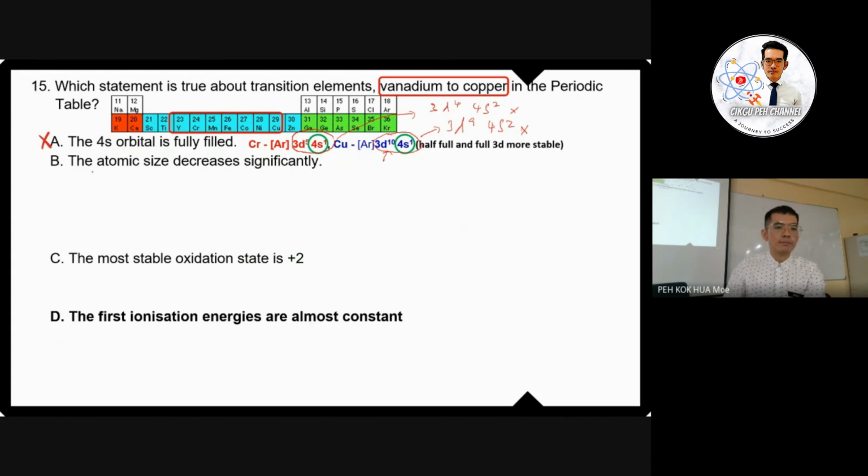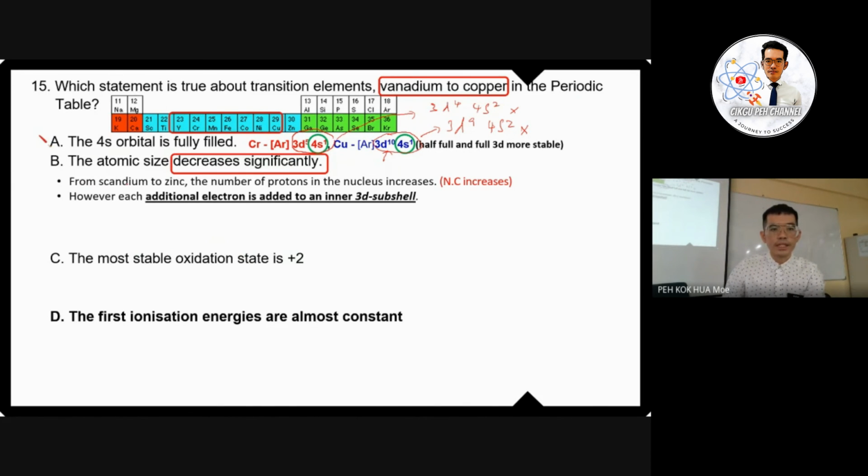Okay, then for B, the atomic size decreases significantly. So this one is also wrong actually. Why? From scandium to zinc, from here to here, the number of protons in the nucleus increases, so the nuclear charge increases. However, when the proton number increases, electrons are also added to the inner 3d subshell.